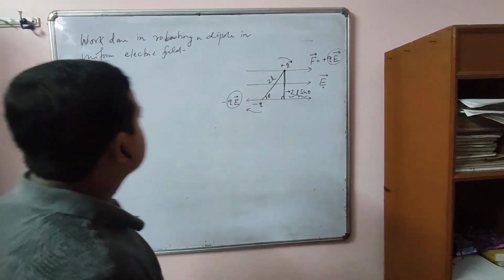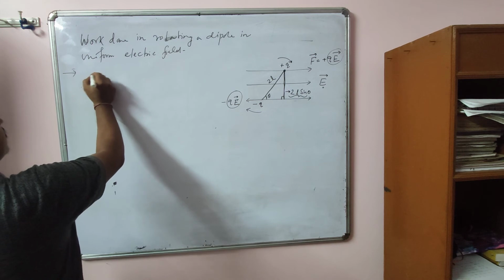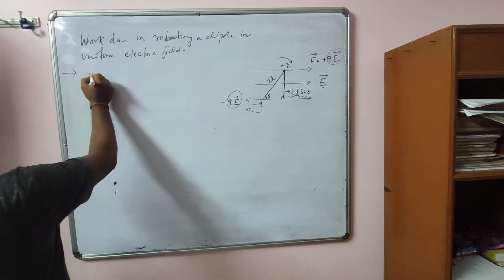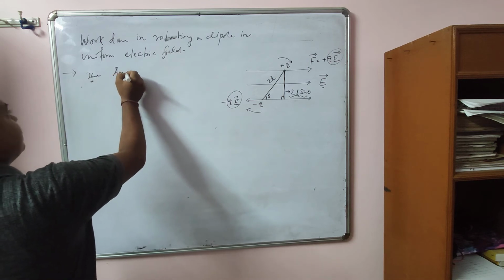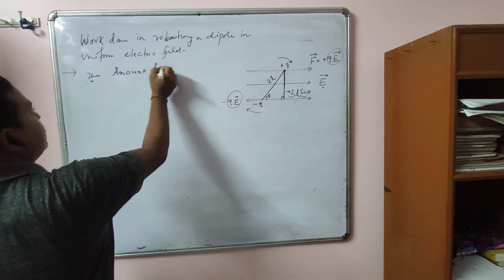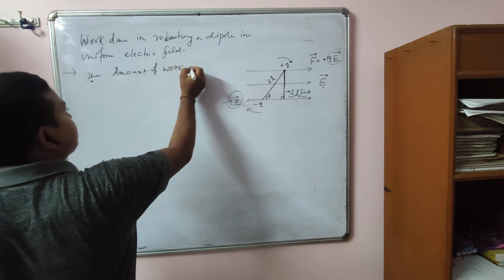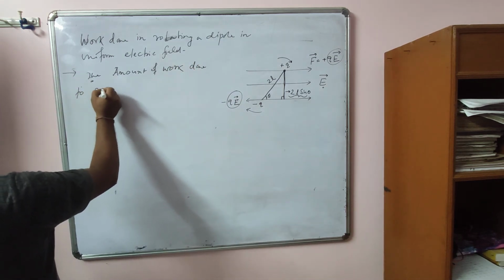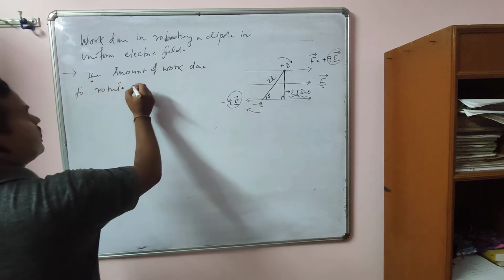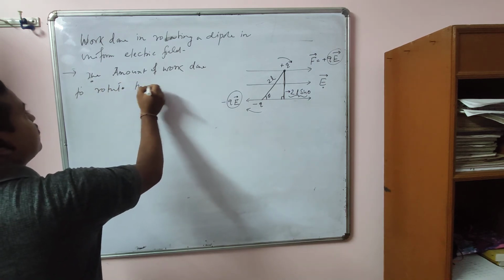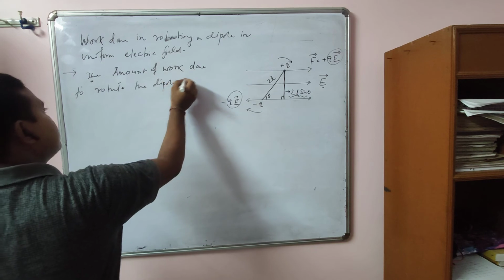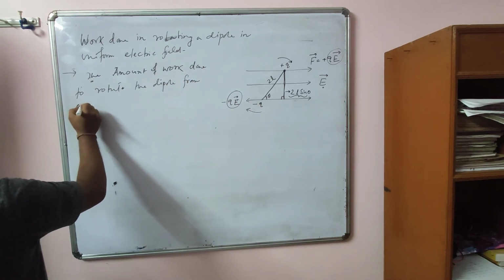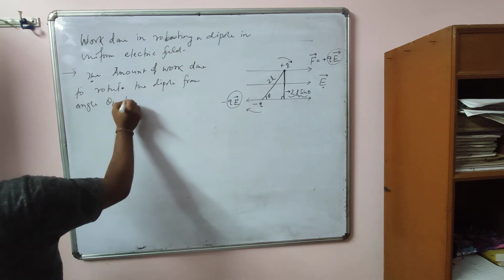Okay. So suppose we want the amount of work done to rotate the dipole from initial angle theta 1 to theta 2.